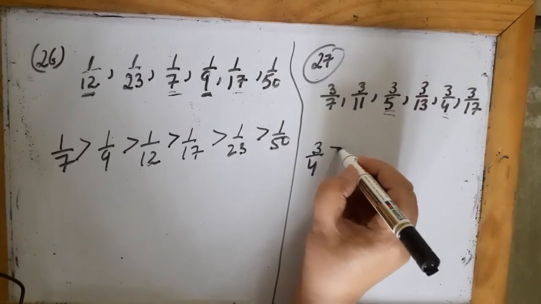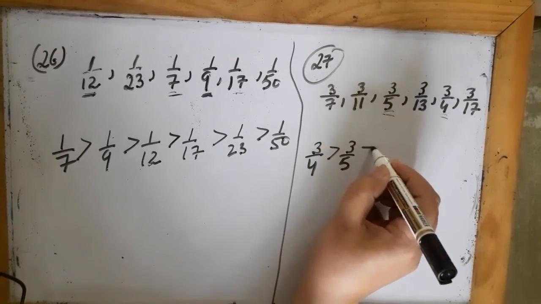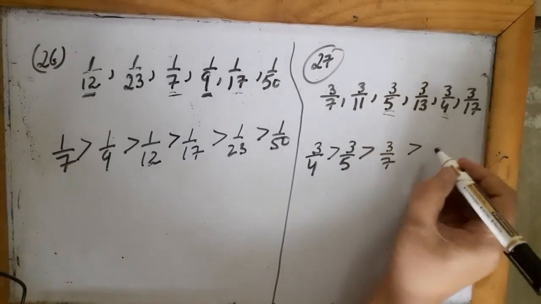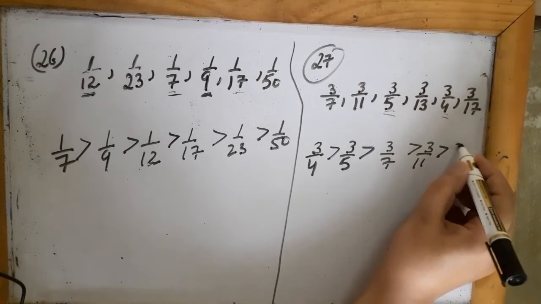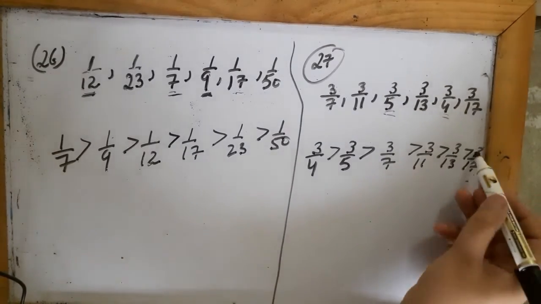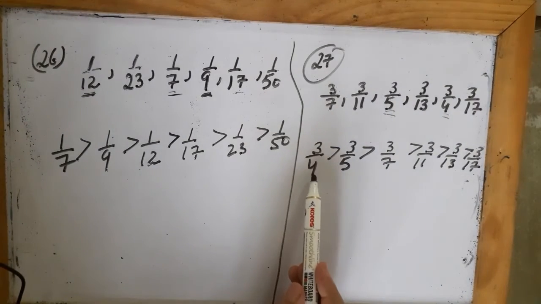Then with 5, 3 by 5, then 3 by 7, then 3 by 11, 3 by 13, and 3 by 17.